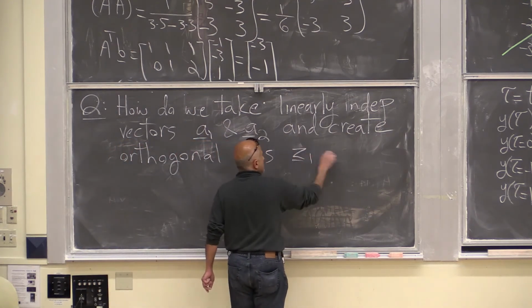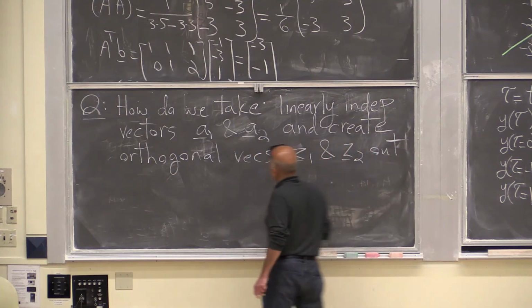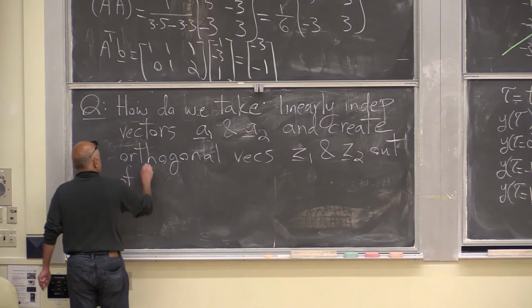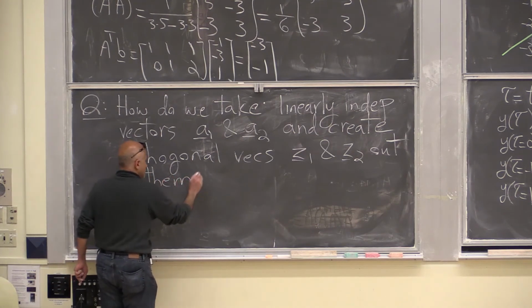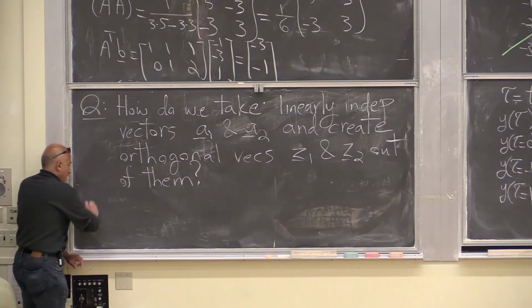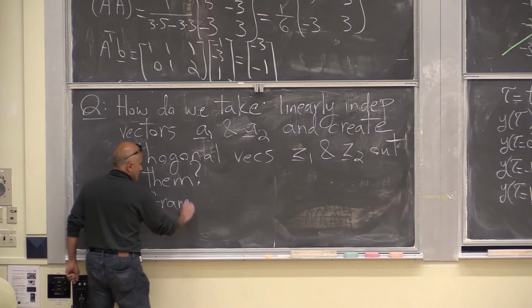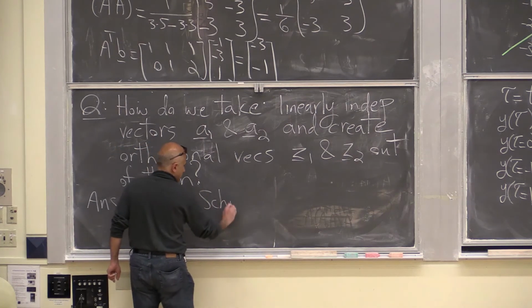Let's call them Z1 and Z2. The answer is through a process called the Gram-Schmidt orthogonalization process.